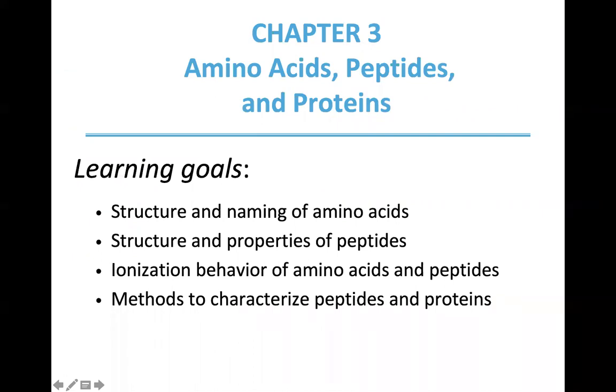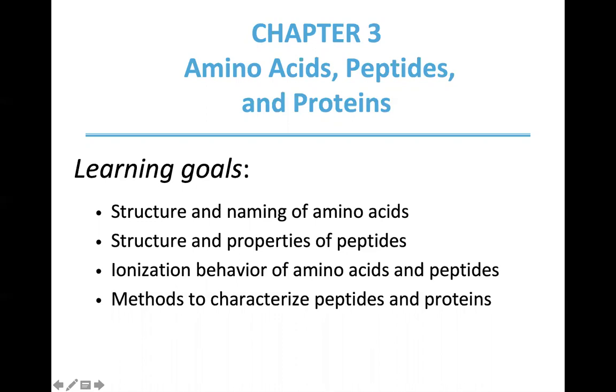Remember, we're going to start with our learning goals, learning objectives. There are 20 amino acids. You know that proteins are the most abundant molecules in biological systems, with lots of functions and lots of structures, and all that is based on 20 amino acids. To understand the properties of the most useful and most abundant biological molecule, we need to know the structures of its constituents.